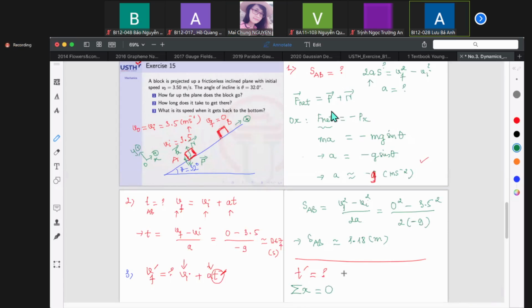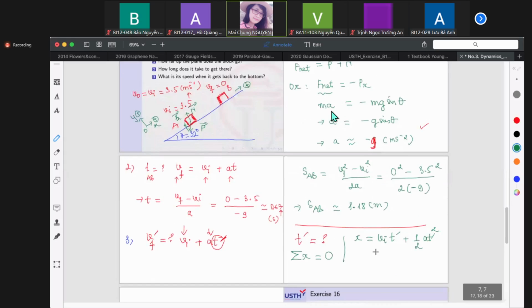Another way to compute it: the displacement is equal to VI multiplied by the time T prime, plus 1/2 AT squared. So from this equation, you can compute the value of T prime, right?